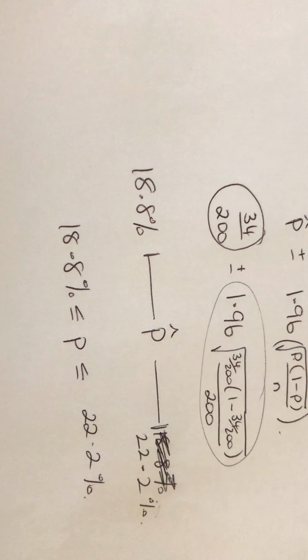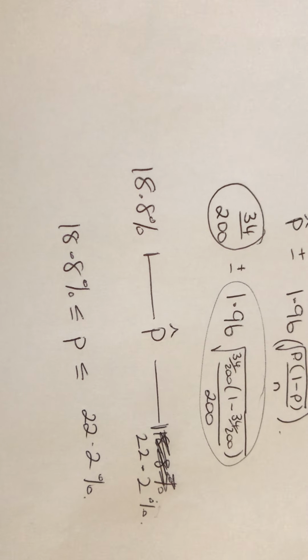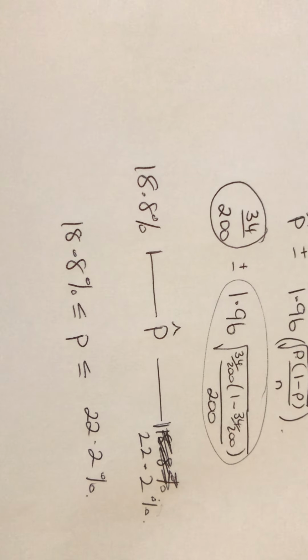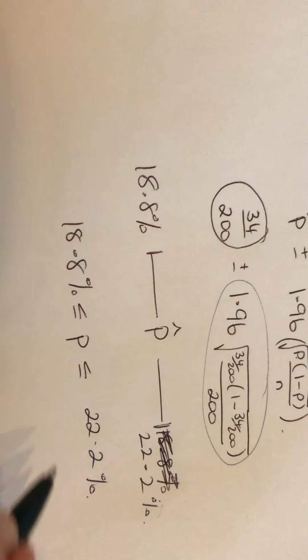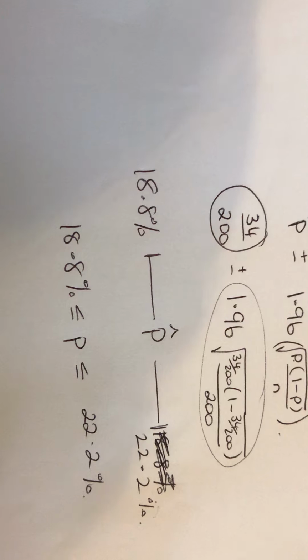Part B says, find at a 95% confidence interval the number of radios that are damaged. Well, that's pretty straightforward. If we think that 22% of them are damaged, then what's 22% of 100,000? Well, that's 22,200.